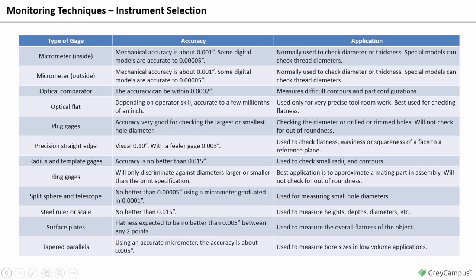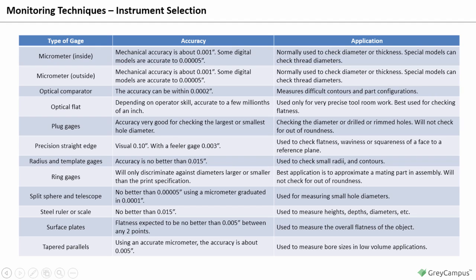The split sphere and telescope gauges have no better than 0.00005 inches, using a micrometer graduated in 0.0001 inches, and are used for measuring small hole diameters. The steel ruler or scale is no better than 0.015 inches. They are used to measure heights, depths, diameters, etc. The surface plates have flatness expected to be no better than 0.005 inches between any 2 points. They are used to measure the overall flatness of the object.